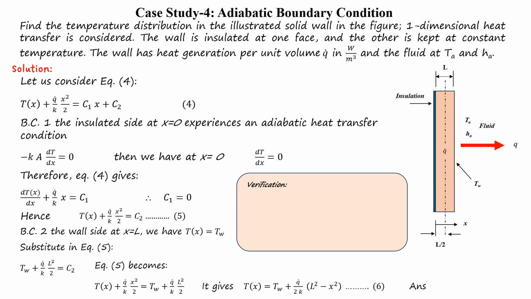To verify this form, at x equal to 0, if we substitute that in equation number 6, then we get T equal to T max equal to T w plus q dot L squared divided by 2k. And at x equal to L, equation number 6 produces T of x equal to T sub w.